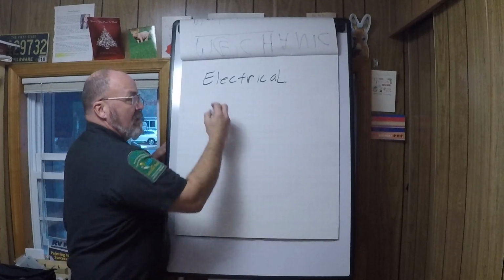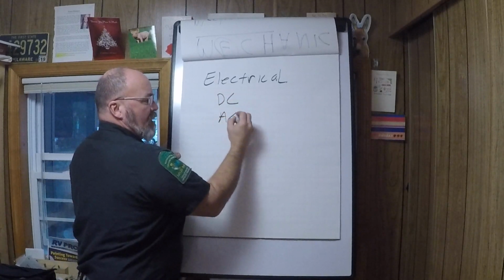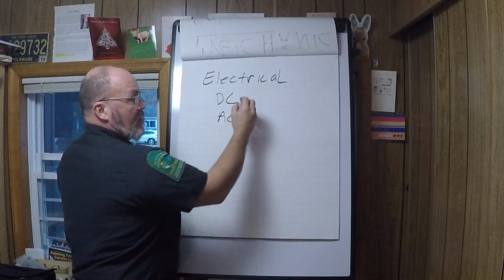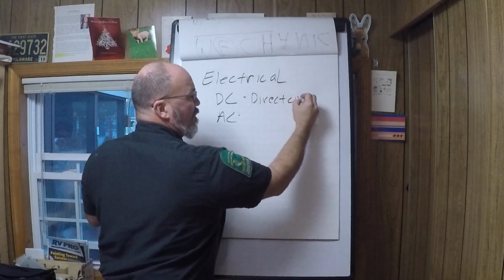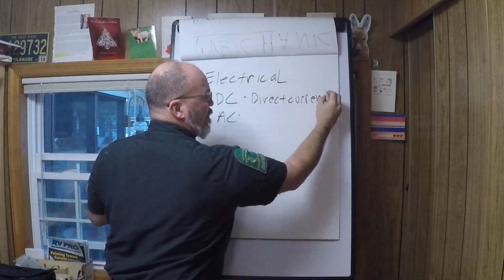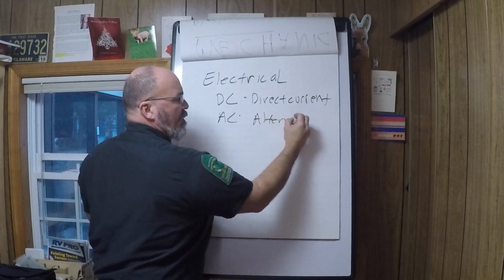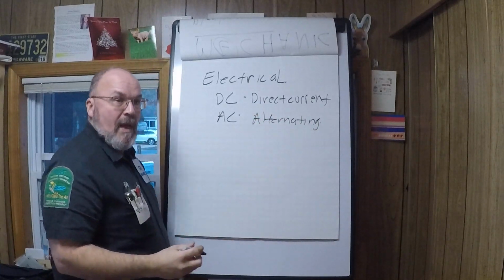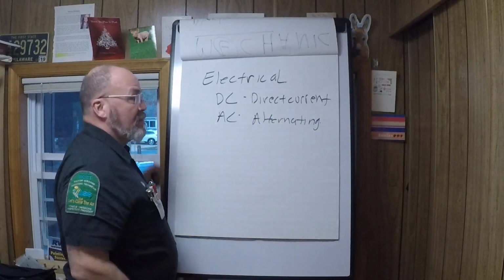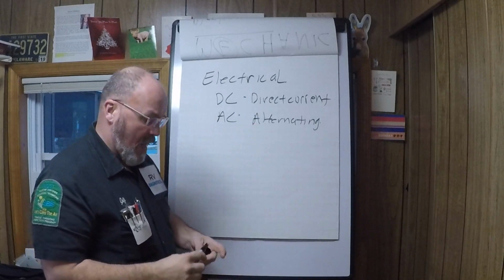That's real easy. There's two types: DC and AC. DC is direct, and of course AC is alternating. Remember, I don't need you to remember all this stuff. I just want you to remember the word mechanic, M-E-C-H. I'm trying to get you used to that.